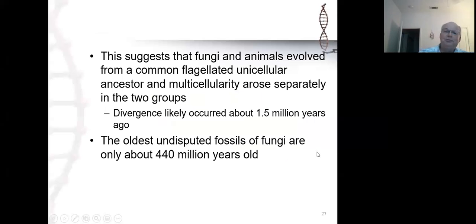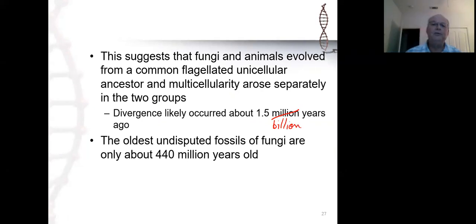So when did the divergence between animals and fungi occur? Probably somewhere between 1 and 1.5 billion. Let me edit that on the fly.